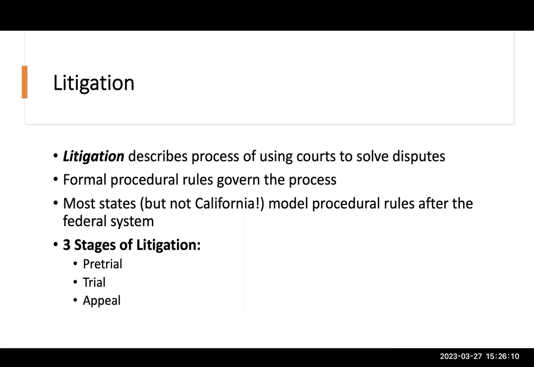In the federal courts, we have the Federal Rules of Civil Procedure, and we have model rules that are modeled after the federal system. Again, the model rules are not in place in California. Instead, we have the California Code of Civil Procedure.